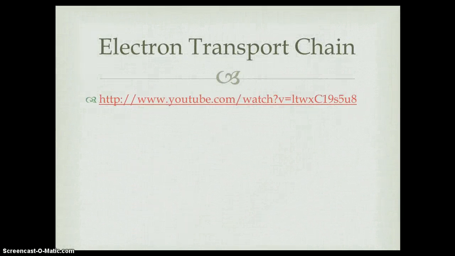The electron transport chain, I like to think of it like this video here.